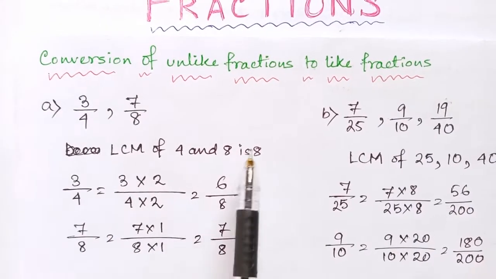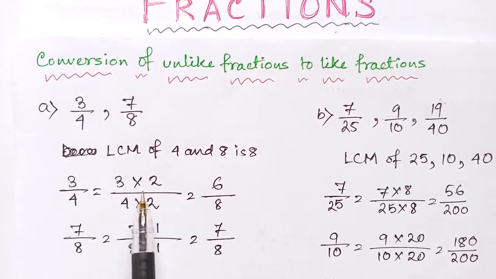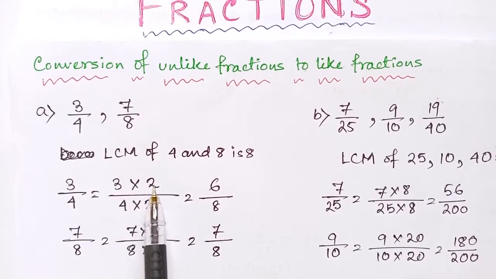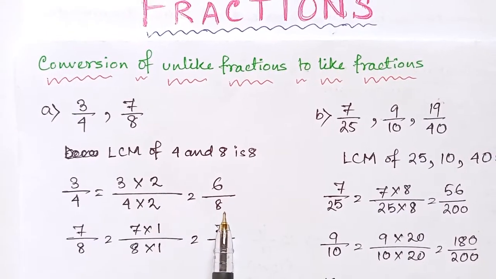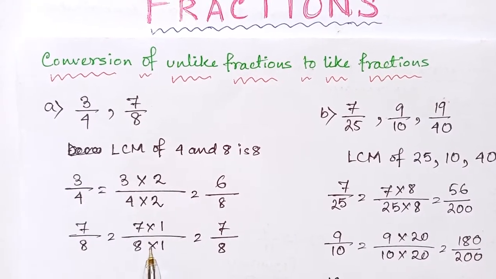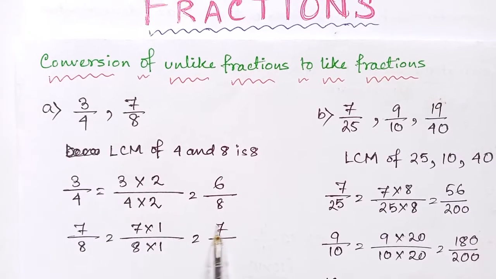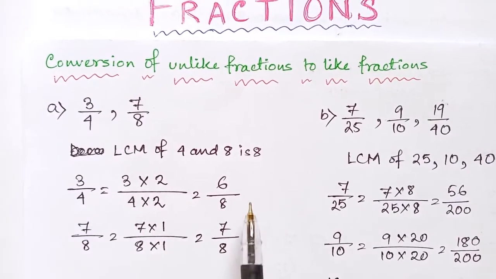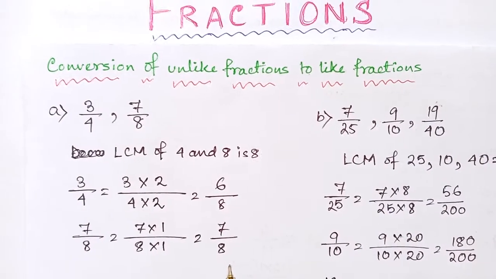That is, as the LCM is 8, so we multiply 4 with 2 and 3 with 2 and get 6 by 8, and 7 by 8 is multiplied with 1 and get 7 by 8. So the like fractions are 6 by 8 and 7 by 8.